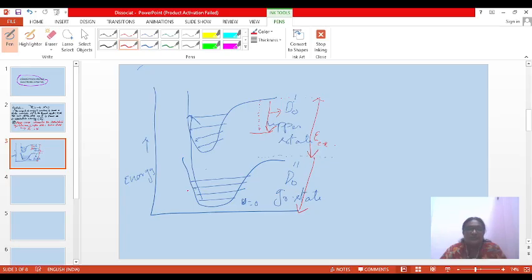We are calling this graph A. What is graph A? It means the stable upper state. Here the transition takes place from V0. This is another parabola curve.